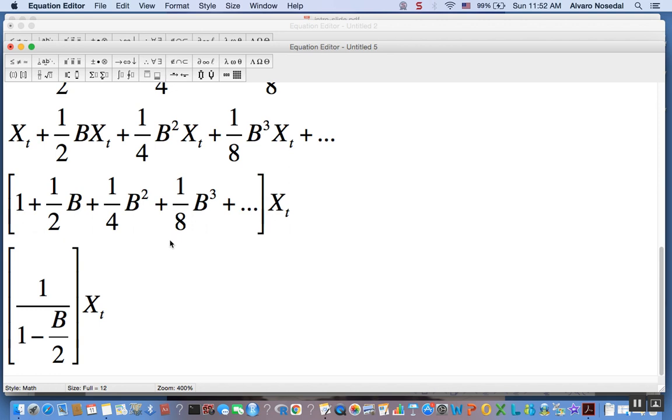Now let's talk about this condition. Remember, b is just an operator. It is not a number. So the condition for that geometric series to converge is in terms of these coefficients.